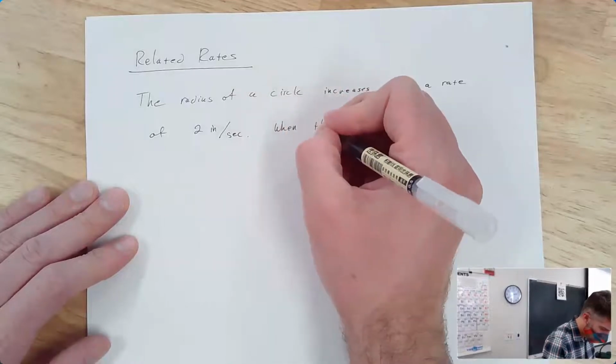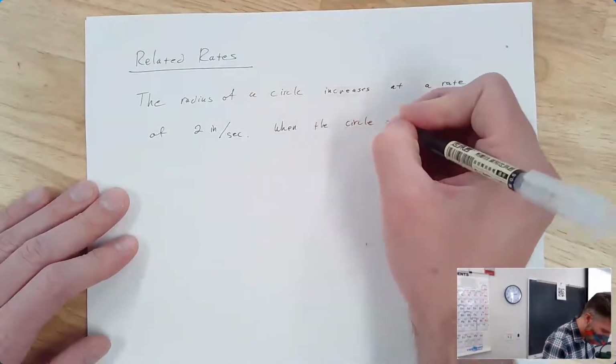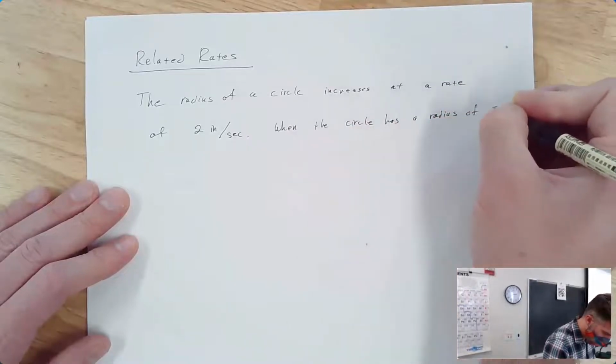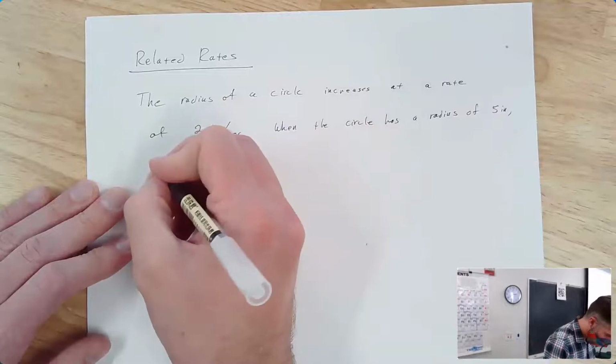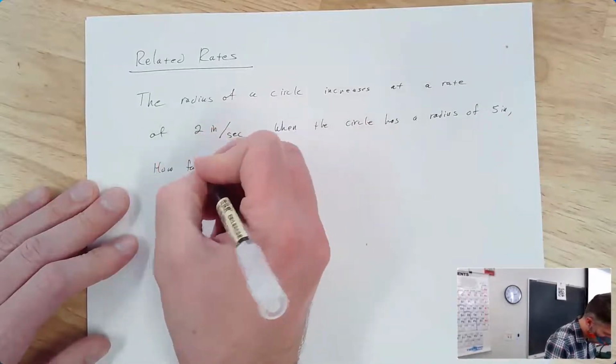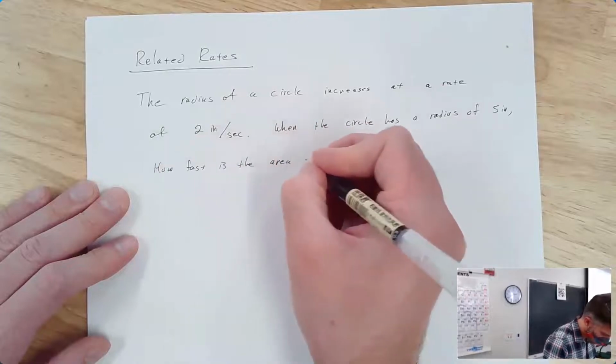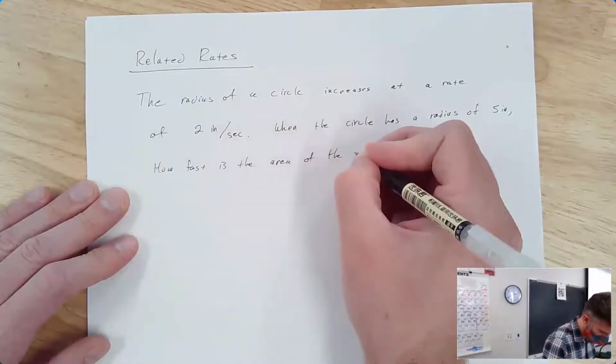When the circle has a radius of 5 inches, how fast is the area of the circle increasing?